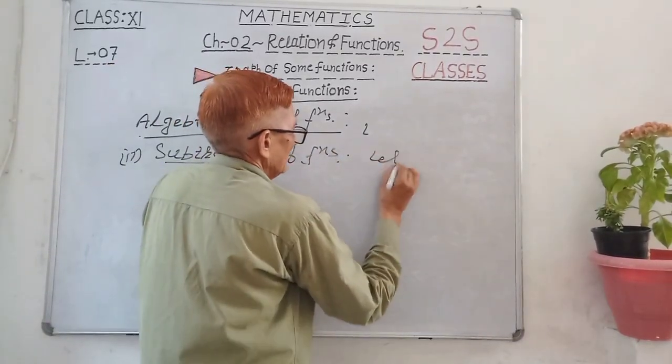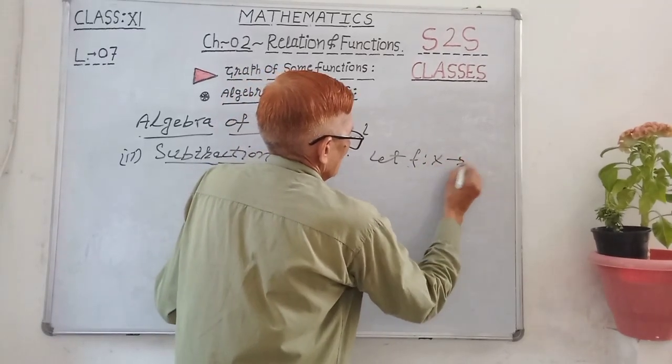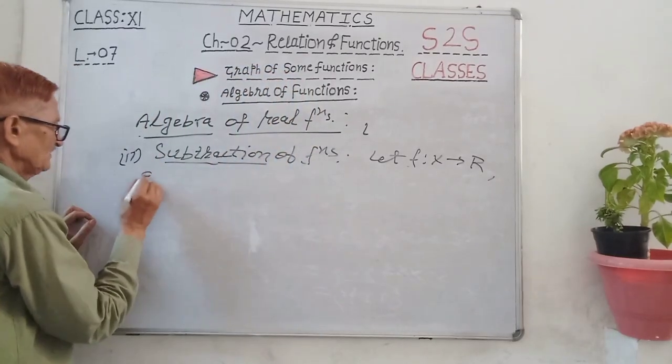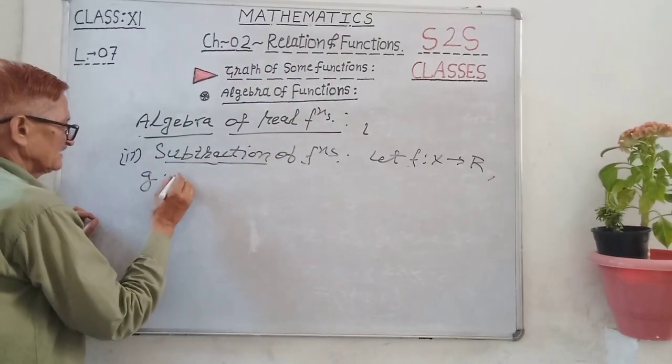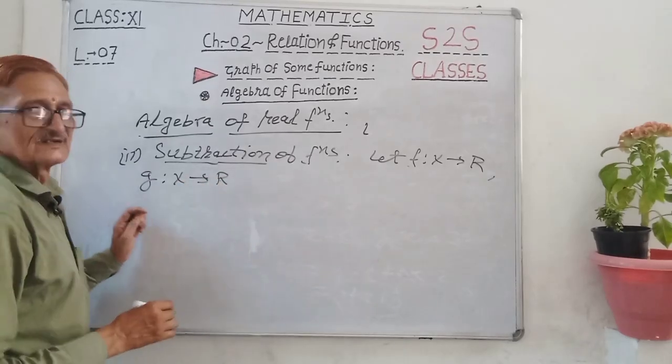Same thing: let f be a function such that X to R, comma, g a function such that X to R, real number functions.